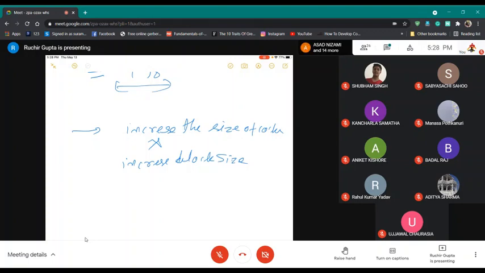So you can improve the hit rate and decrease the miss rate by taking the optimal size of the block. If you go much higher, your miss rate will increase. If you go much lower, your hit rate will decrease. So some optimal value should come.